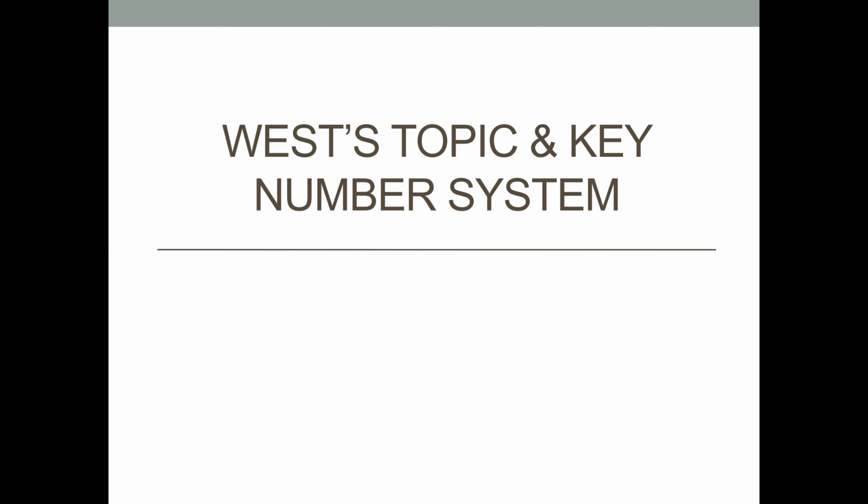So those are head notes. And again, they are chiefly the genius of the West Publishing, now Thomson Reuters, legal system that has been developed over many, many years. So now that you have a background on what head notes are, I want to talk about how West has organized all of American law.